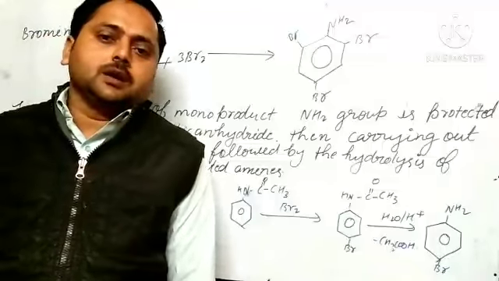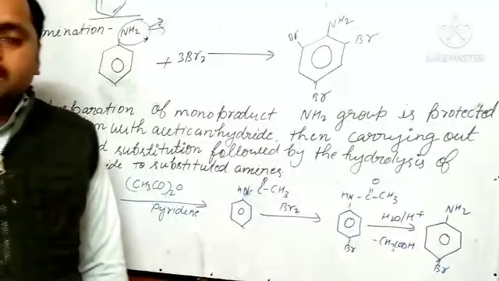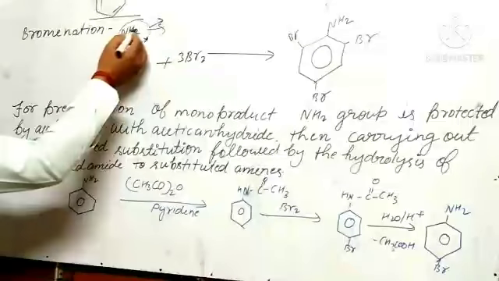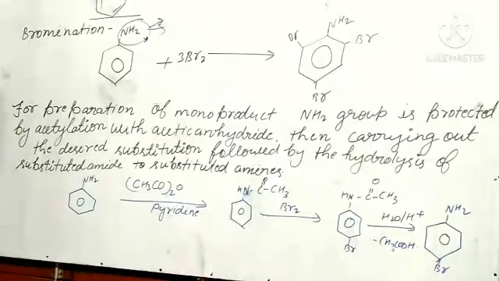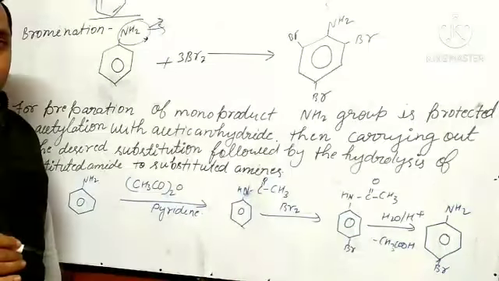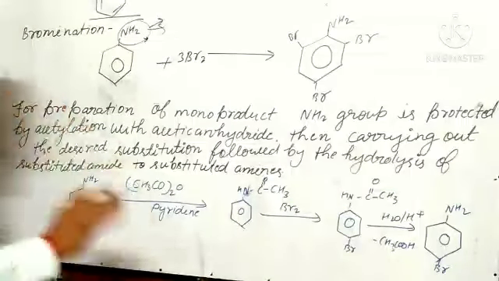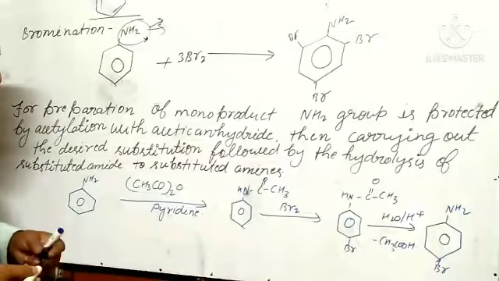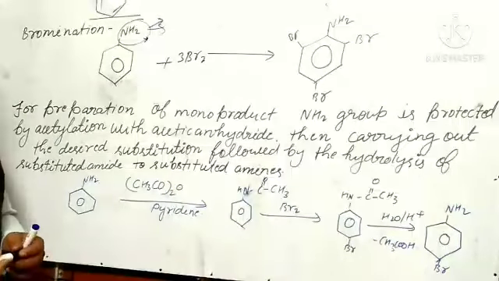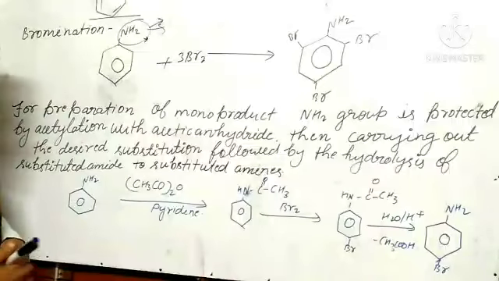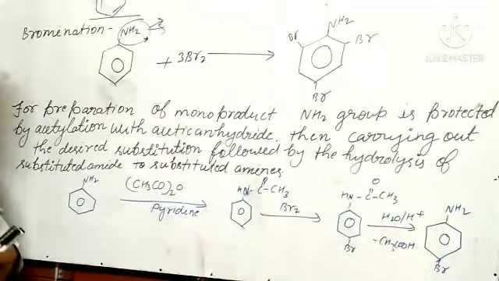So for this protection, we protect this group by acetylation with acetic anhydride, and then substitution is carried out, followed by hydrolysis to get the desired product of amines. Let us see what that is.